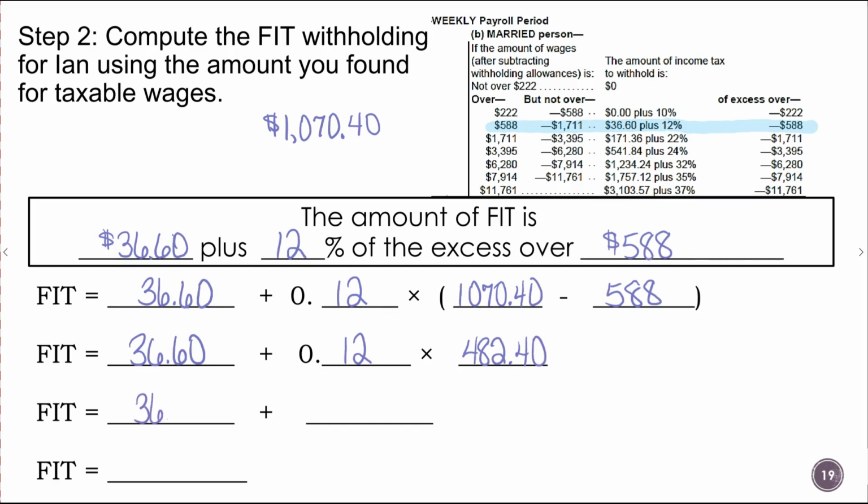So $36.60 plus 12% of $482.40 is $57.89. Also remember, you're looking at these numbers thinking, gosh, they're kind of small, but this is a weekly paycheck, so that makes a difference when it's only taken out weekly. So we end up with a total of the FIT withholding at $94.49.